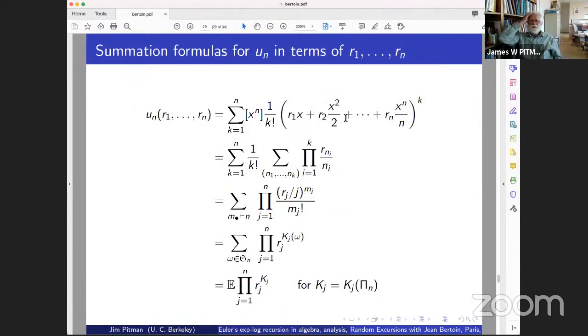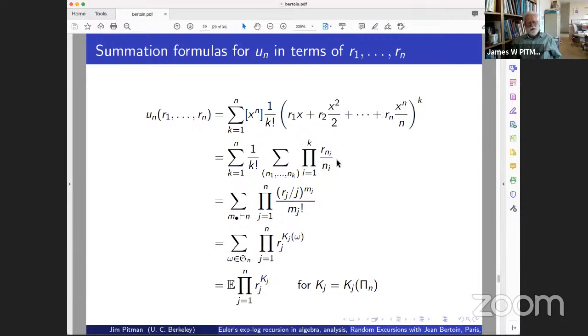Now, this circle of ideas gives you a whole suite of summation formulas for u_n, the coefficient in the exponential that comes from the r_1. So here is more or less the Eulerian definition that u_n of r_1 to r_n is going to be the coefficient of x to the n in this beginning of an exponential sum.